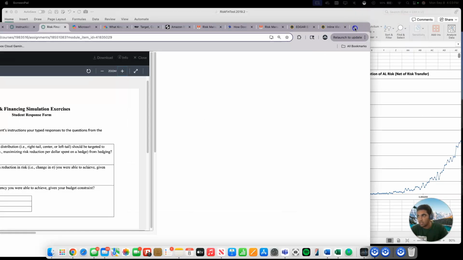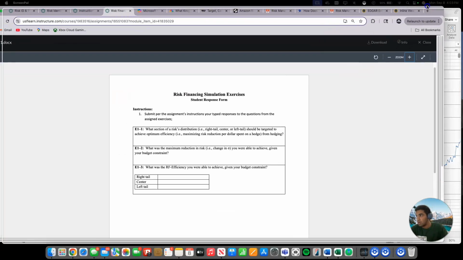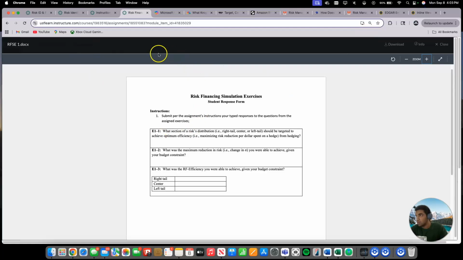As well as, if we look right here, we can see this is the assignment that we're going to be completing. It's going to be looking at optimum efficiency, which is asking, what is your retention?